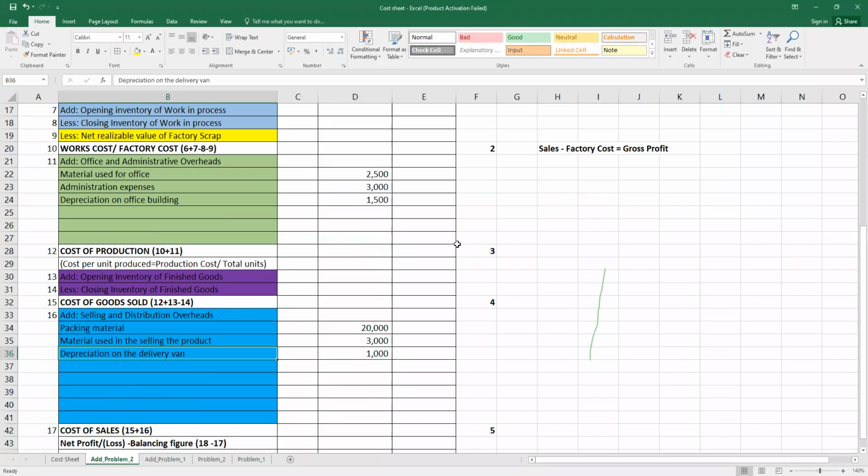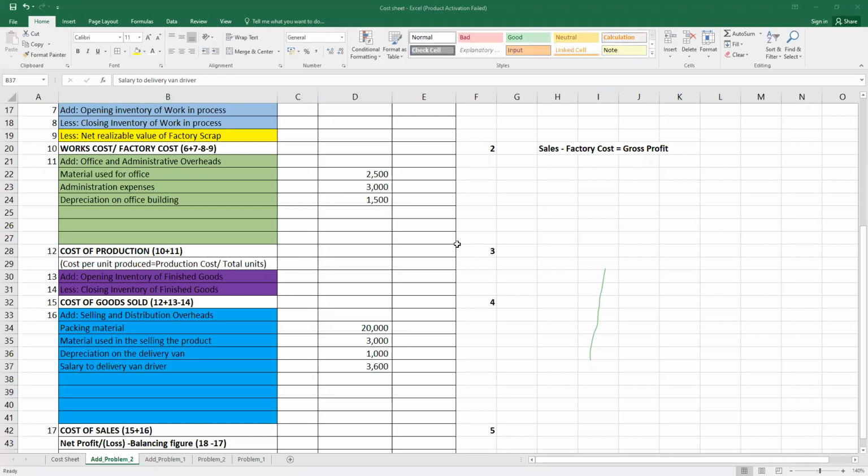Depreciation on delivery van 1,000. Salary paid to the driver of the delivery van. Again, selling and distribution. Salary to delivery van driver. How much? 3,600.